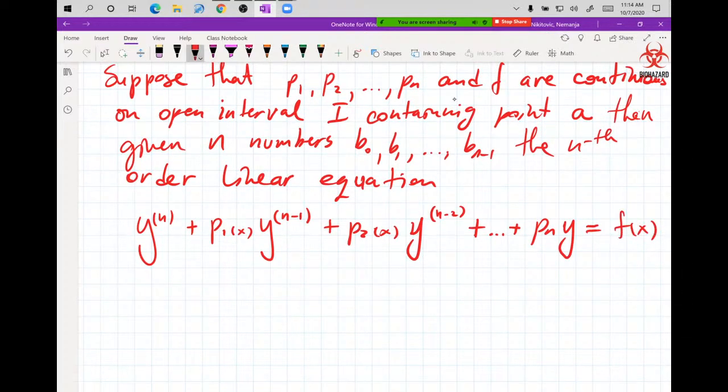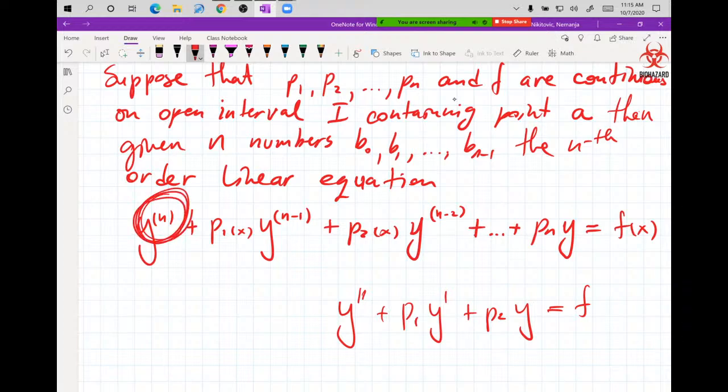You can see that your second order equation was y double prime plus p1 y prime plus p2 y equals f, right? So this equation is for any n, because whatever your highest derivative is, you go minus 1 on each one until you get to this last y term.